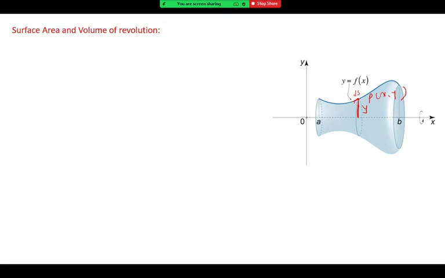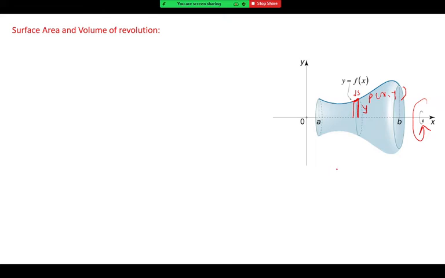So what is the surface area of a disk which we rotate about the x-axis? Only the curved surface area I want. When you rotate this small ds about the x-axis, it gives a disk. Is it clear? It's just like a coin.